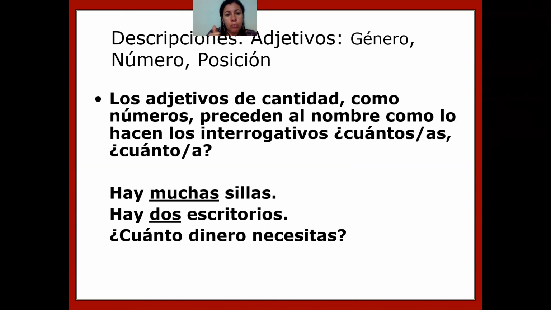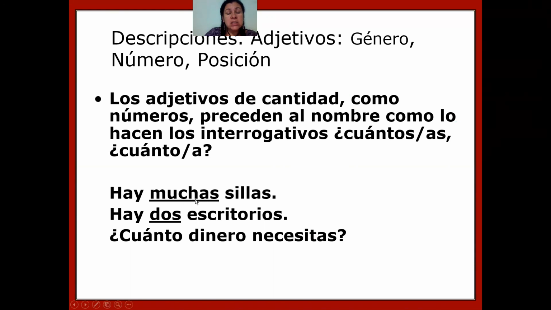Quantity adjectives, numbers or those that express a lot, a little, ideas of quantity, are always before the noun. It doesn't matter if they are question words, they are also going to go before the noun. Look at this: hay muchas sillas.